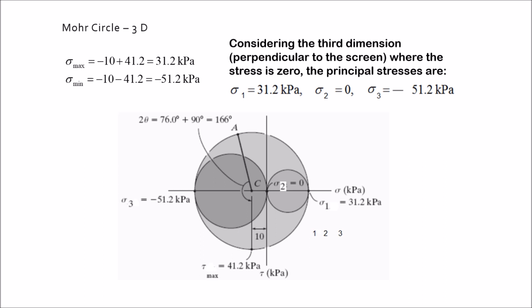You have your sigma 1, sigma 2, sigma 3, and we will not go into detail of these 3-dimensional circles, and that will be the end of our Mohr circle video. In this video, we have discussed a very powerful graphical tool for stress transformation and solved some problems. Thank you for listening.